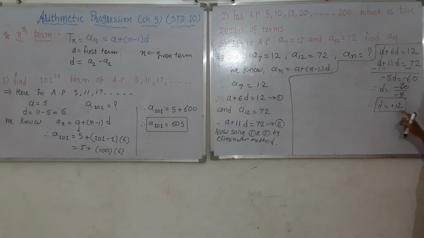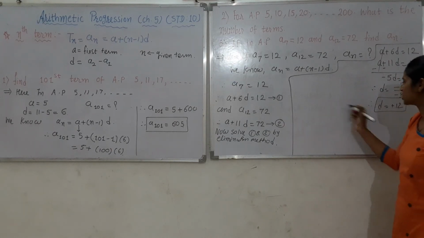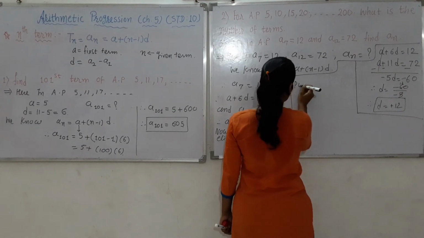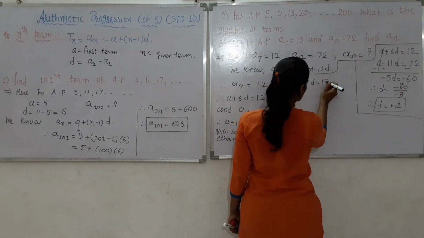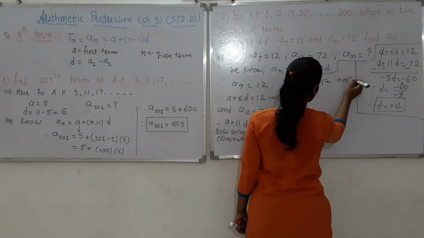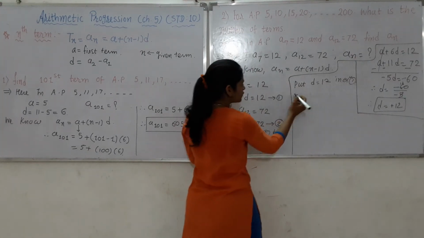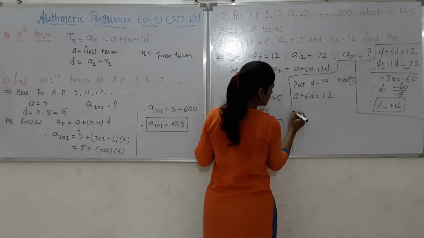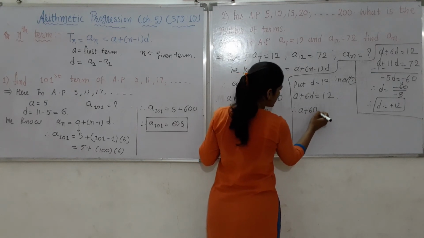Put this value in one of these equations. So you can write, put D is equal to 12 in equation 1. So what is your equation 1? A plus 6D is equal to 12. So A plus 6 into 12 is equal to 12.